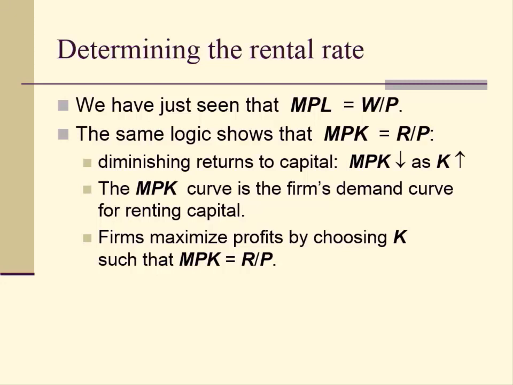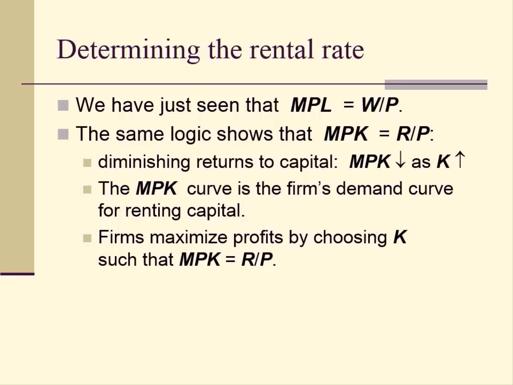So the MPK curve is the firm's demand curve for renting capital. And here too, firms maximize profits by choosing capital such that MPK equals the real rental rate R over P, the price of capital in real terms. Note that in our model, it is easy to think of firms renting capital from households who own all the factors of production.